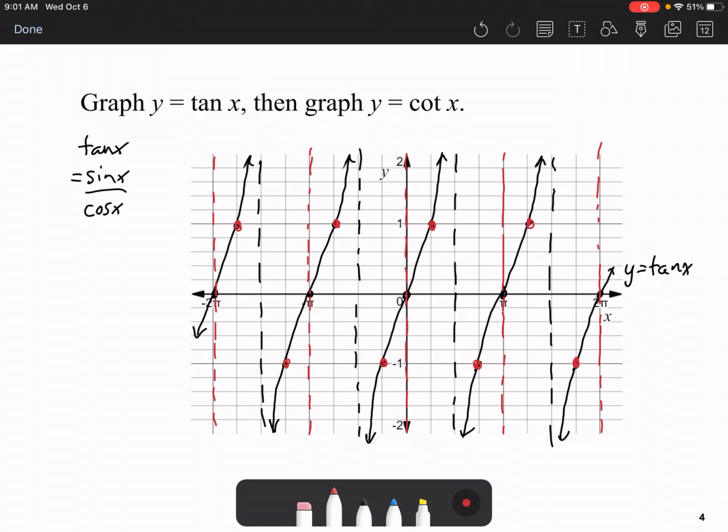If cotangent of x is the reciprocal of tan x, that means cotan x is equal to cosine x over sine x, and these occur to be 0 when cosine x is 0. So again, draw a function that goes through these points and gets close to these vertical asymptotes.